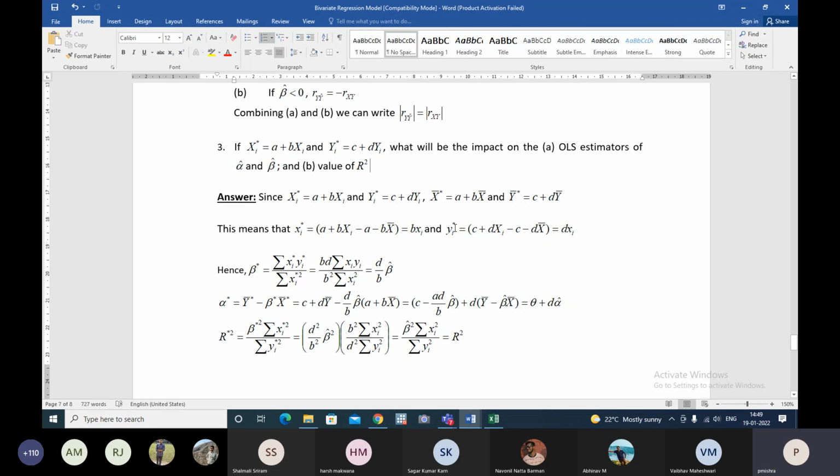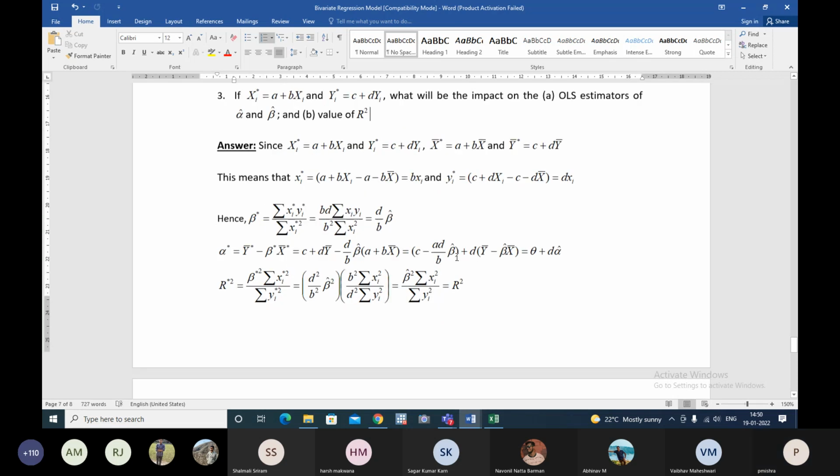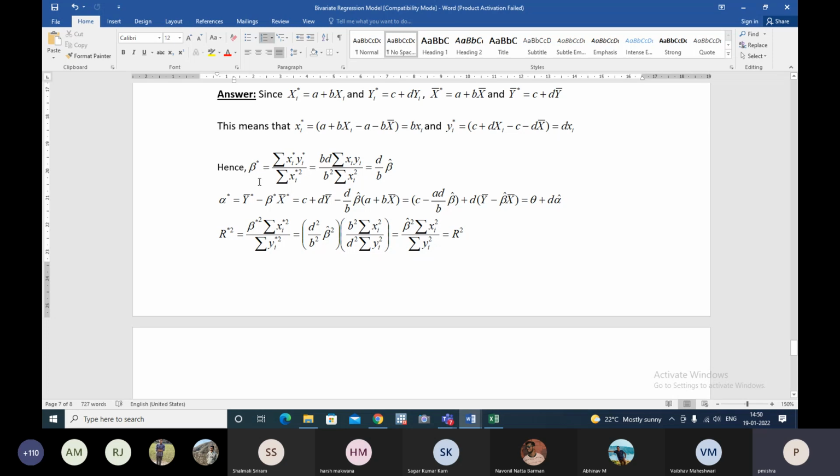Similarly, small yi star would be equal to d into small yi. Then beta star, the new OLS estimator of beta, would be equal to summation of small xi star small yi star divided by summation of small xi star square. Then you replace all these and you will get an expression like this, which will be d by b into beta hat.